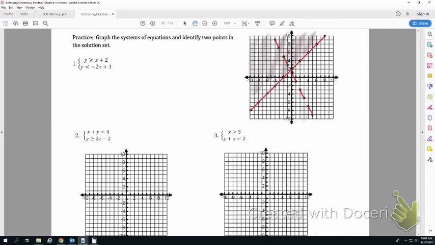Below. So the area that ends up being shaded by both is that area to the left of that right there. All of that is what would be considered the feasible region. Do not get that confused with the area that is shaded by just one of the inequalities. Those would not be included in that.